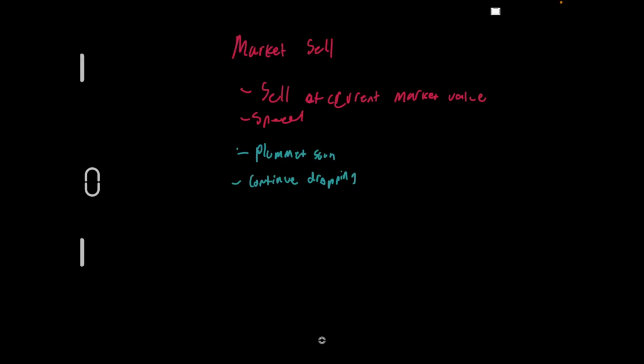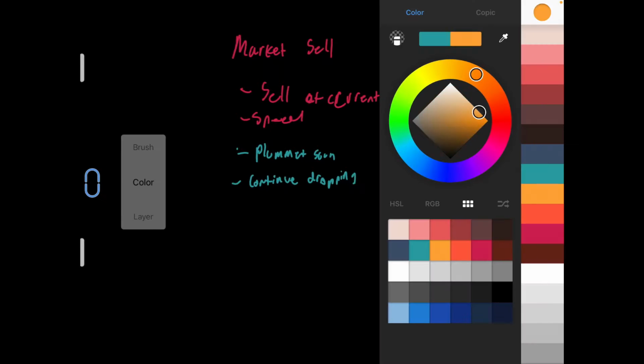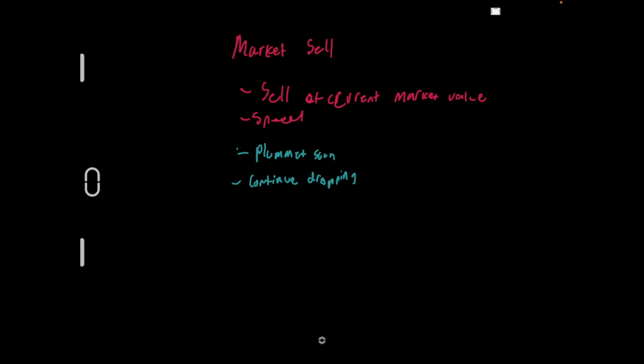So a market sell can sometimes be risky because sometimes a stock is only dipping a bit and will still grow in the future, and you can actually lose a ton of profits using a market sell.